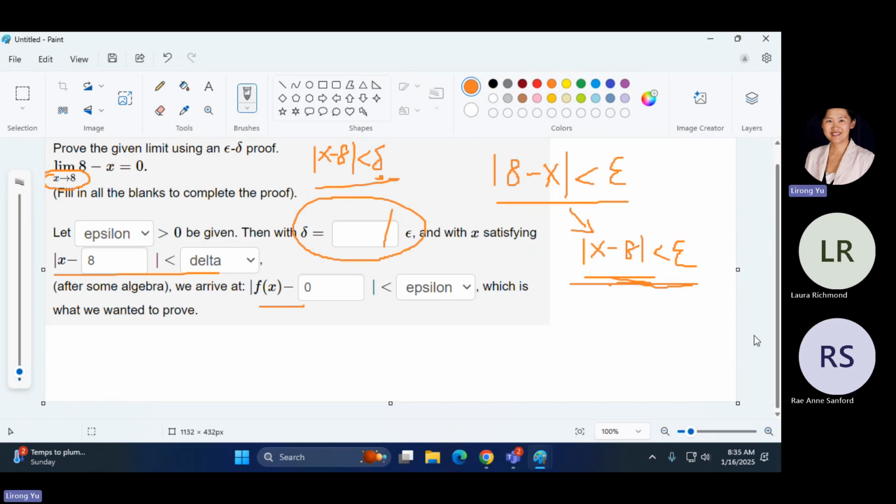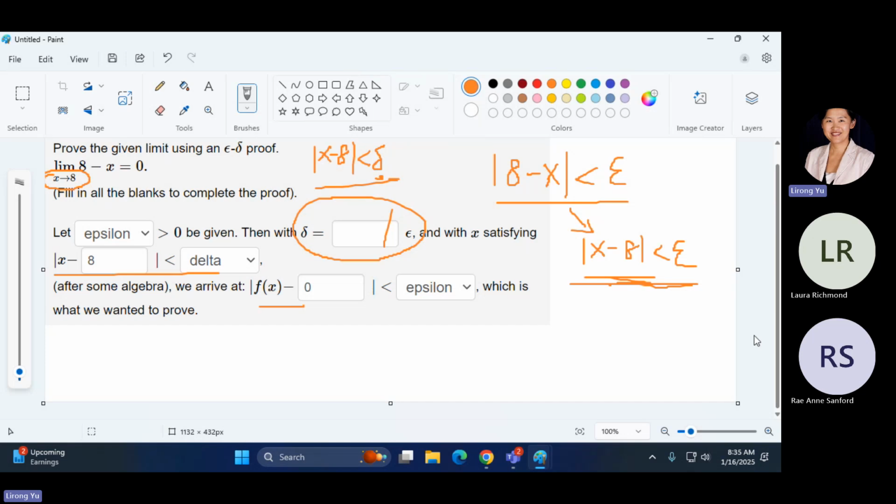f of x is 8 minus x. So this is basically |8 minus x minus 0| less than epsilon. But then this is |x minus 8| less than delta. Here you have |8 minus x| less than epsilon. Within the absolute value, 8 minus 3 has absolute value 5, but 3 minus 8 has absolute value 5 as well.